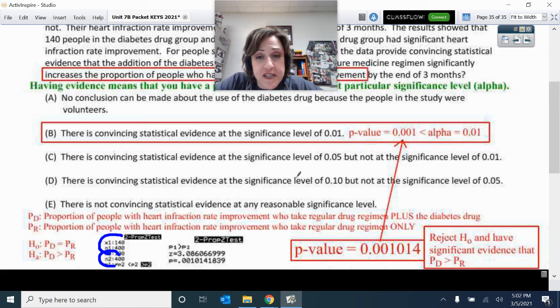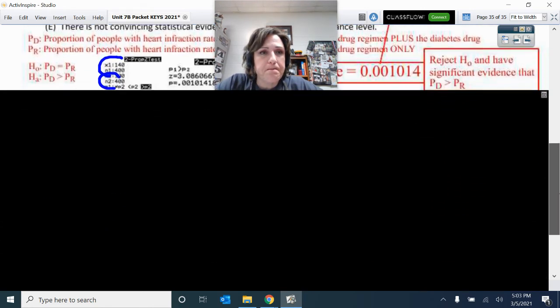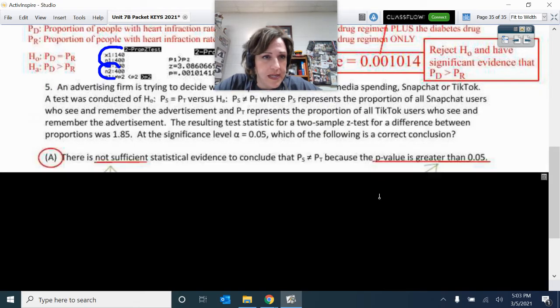D, there's convincing statistical evidence at 0.10, but not at 0.05. That would have been a p-value of 0.06, 0.07, 0.08, 0.09, any of those in between. How about this? There is not convincing statistical evidence at any reasonable level. That would be if the p-value was greater than 10%, then we would say there's pretty much not statistical evidence.